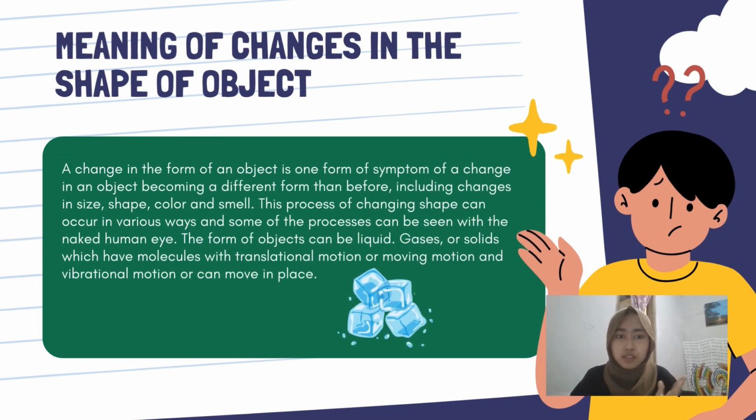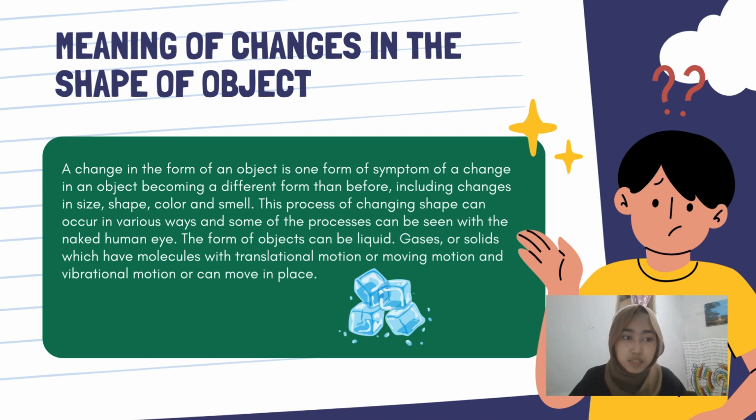In your opinion, what is a change in the shape of an object? A change in the form of an object is one symptom of change, becoming a different form than before, including changes in size, shape, color, and smell.